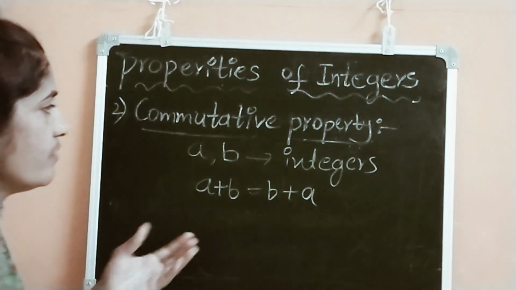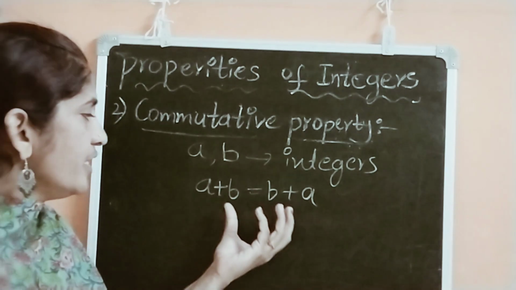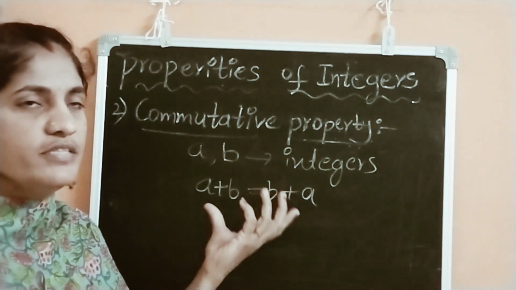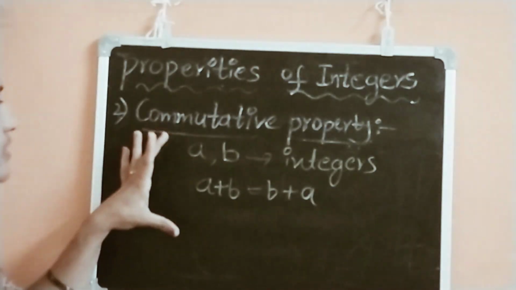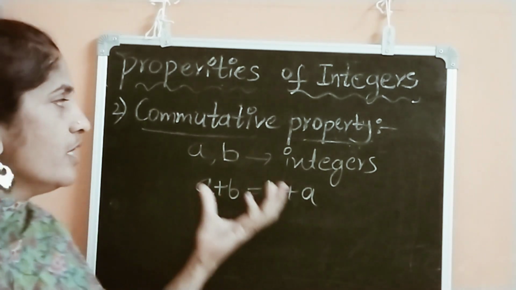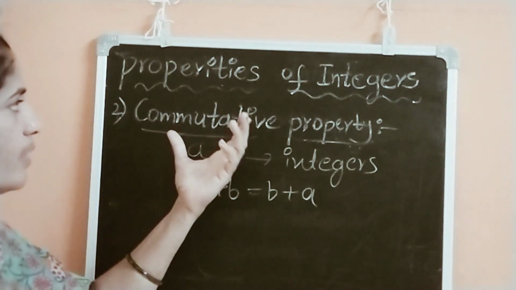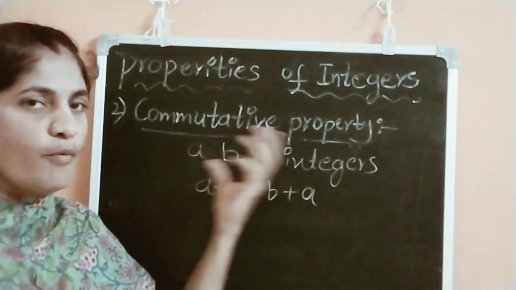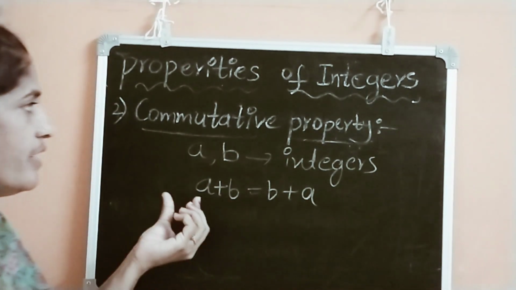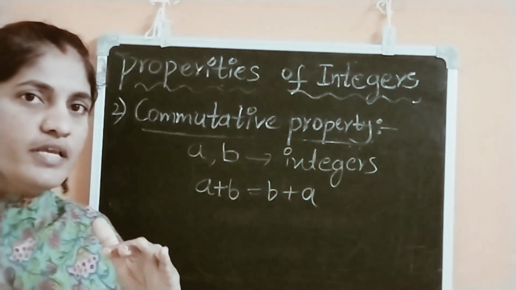If the integer system satisfies this equation, we will decide that the commutative property is possible under addition. Each and every property we are going to discuss under addition, subtraction, multiplication, and division. So at first, commutative property under addition.